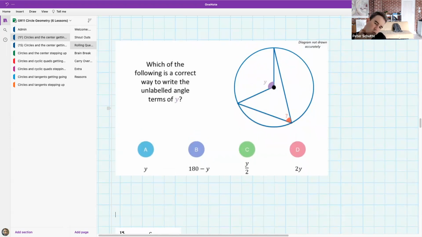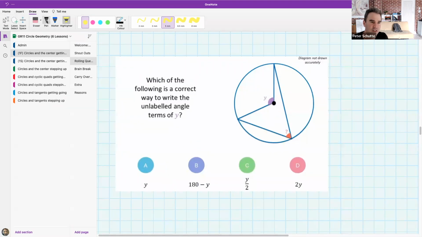If you know what y is, what is the red one going to be? So we have to think which part of this are we dealing with? It feels to me like this is the arc.